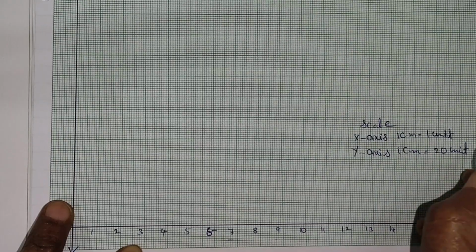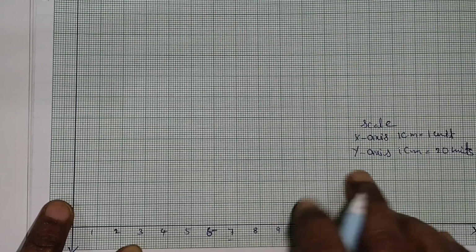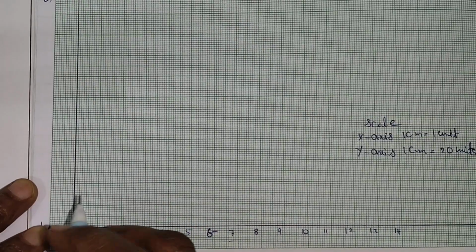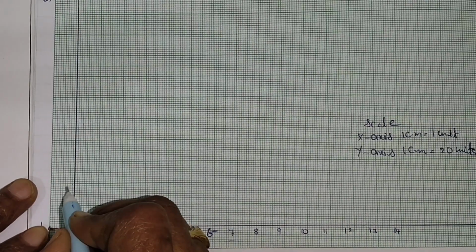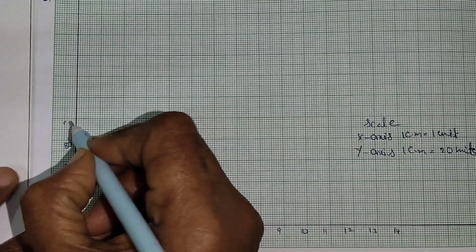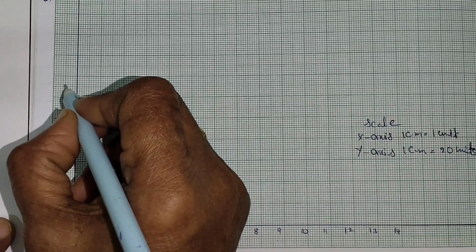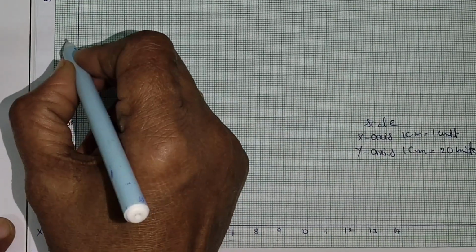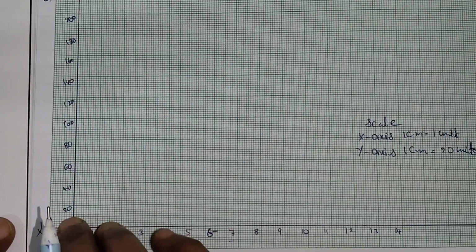So on the y axis we write 0, 20, 40, 60, 80, 100, 120, 140, 160, 180, 200.